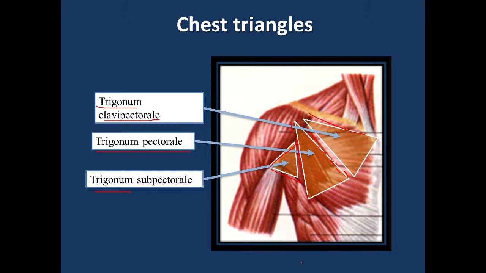These triangles are part of topographic anatomy and help surgeons to see the structures coming from the axillary cavity and to get better orientation in this region.